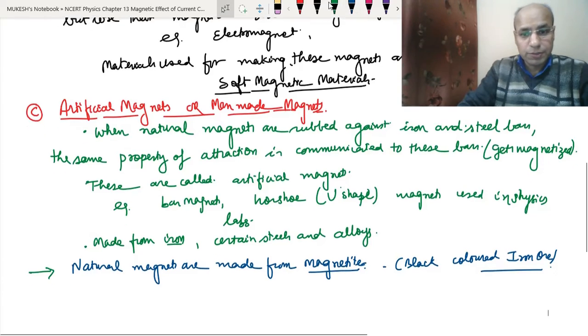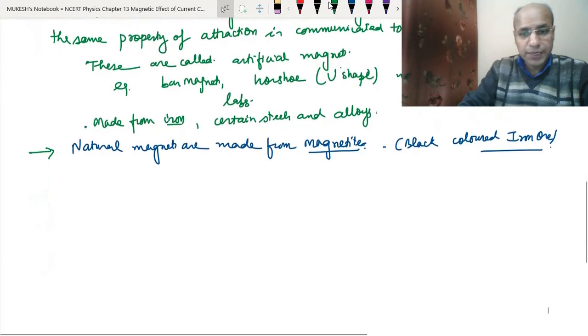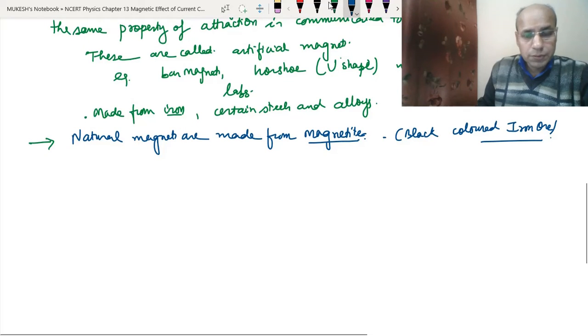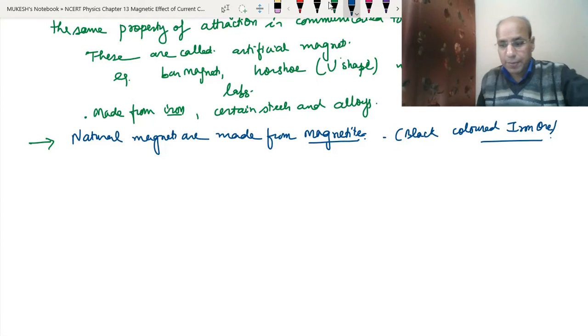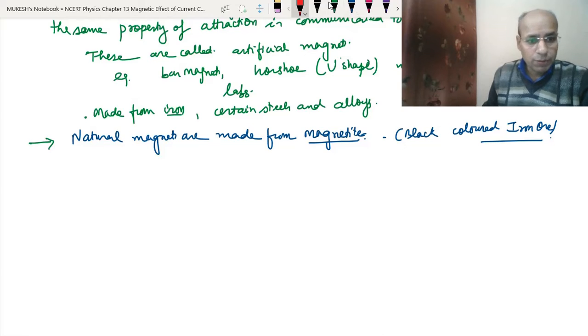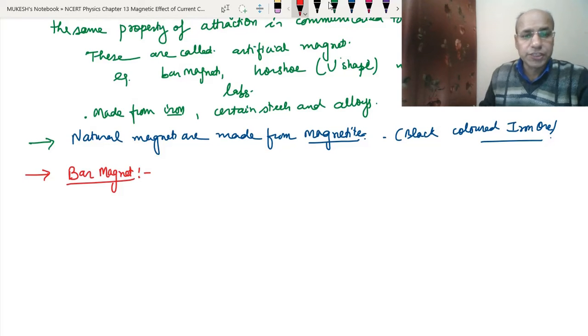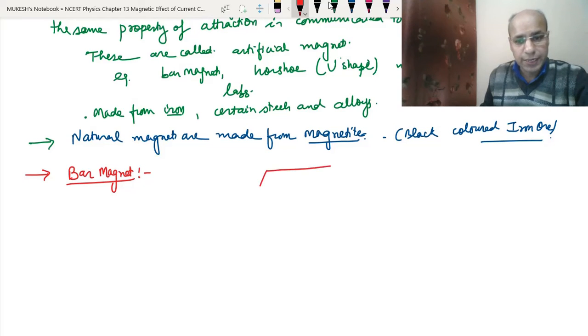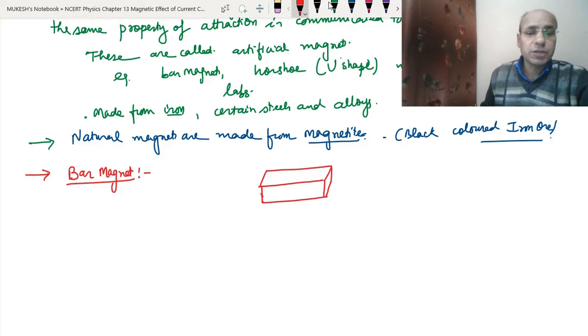Now we will study the bar magnet. Normally in the laboratories we find bar magnets. So the question is, what is a bar magnet? Bar magnet means a rectangular bar, cuboid shape, like the shape that you can see. This is the shape of the magnet.